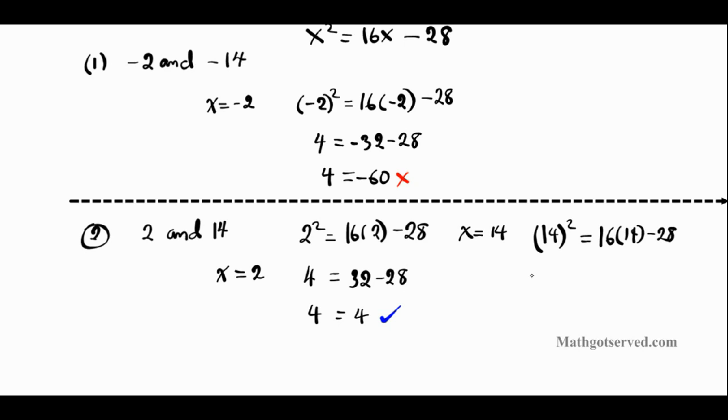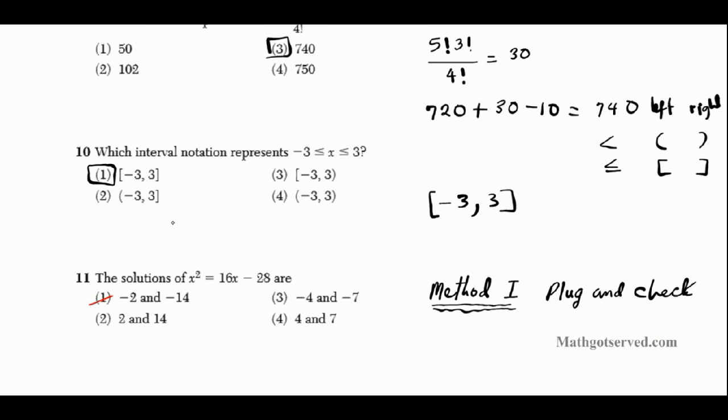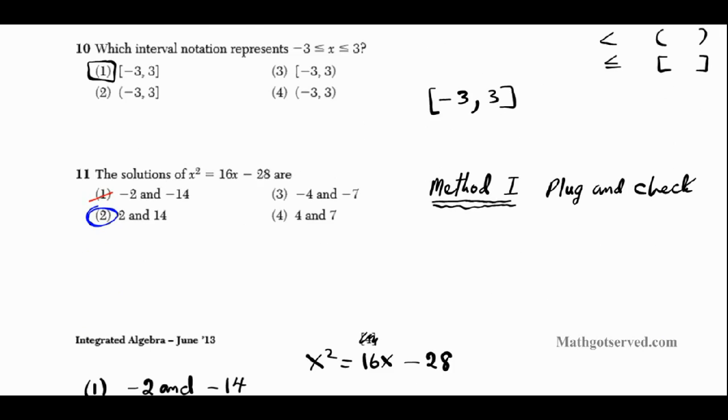Okay, 14 squared is 196. 16 times 14, you can do this with your calculator, 224 minus 28. And if you subtract these two, you get 196. So 196 is equal to 196. That checks out. So that tells me that a correct answer is option number 2. Okay, option number 2 is our correct answer here.